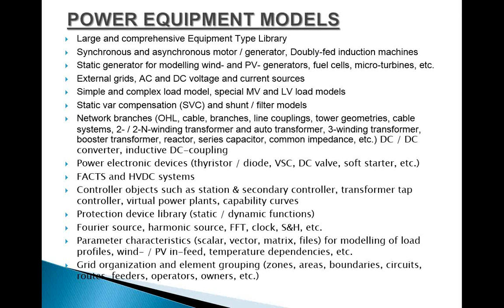So all those equipments and components are available, like synchronous and asynchronous machines, motors, generators, doubly-fed induction machines, static generators for modeling wind and PV generators, fuel cells and micro turbines, etc. Wind turbines and PV systems are present in this software, and these can be analyzed within the system. We can make it hybrid or totally renewable, based upon renewable sources. So PV systems and wind generators are there.